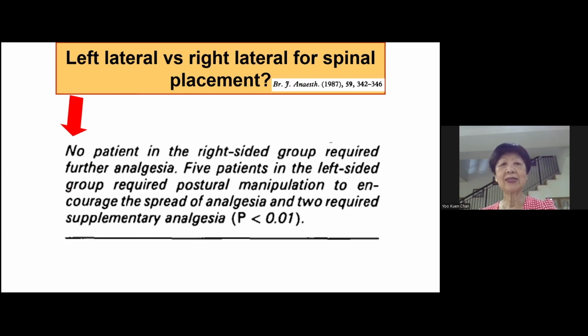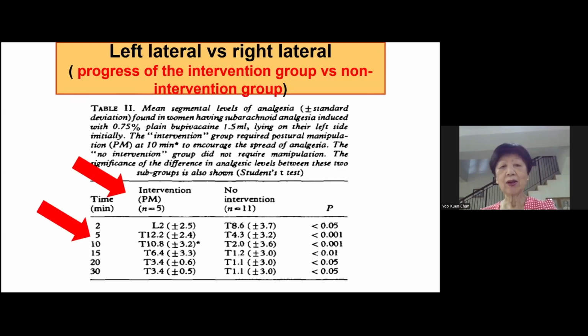But those placed in the left lateral needed postural manipulation to encourage the spread of analgesia. So what we are now going to do is relook at their data where they divided the patients, regardless of whether left lateral or right lateral, into no intervention required against intervention required. Very interesting.